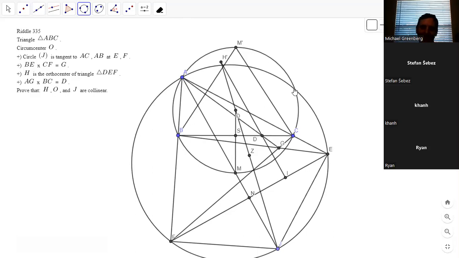So BC corresponds to EF and ZN. So yeah, I'm trying to think, what is NS?